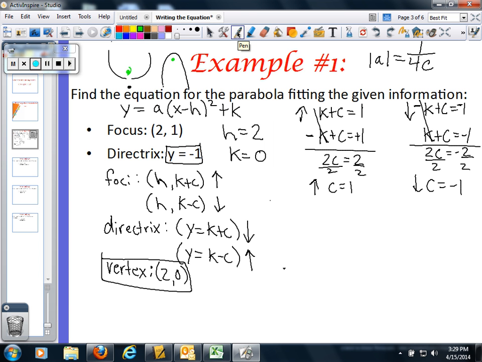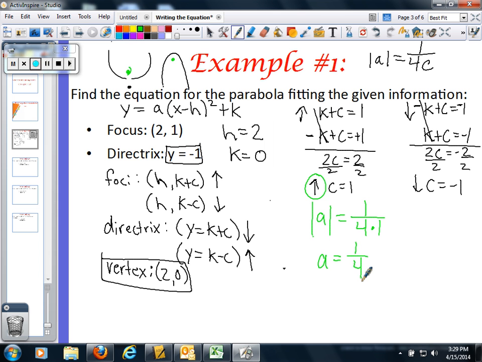So because I know my graph opens up, then I know that K is 0, and for opening up right here, C is 1. So I'm going to say the absolute value of A equals 1 over 4 times 1, which means that A is going to equal 1/4.